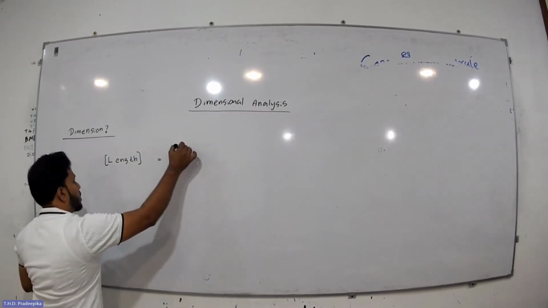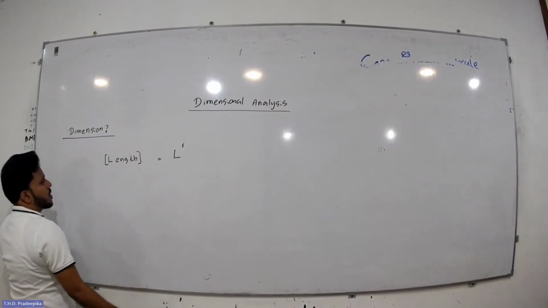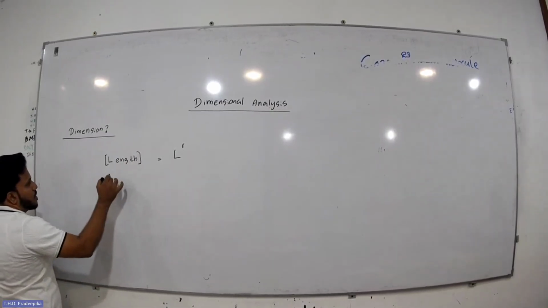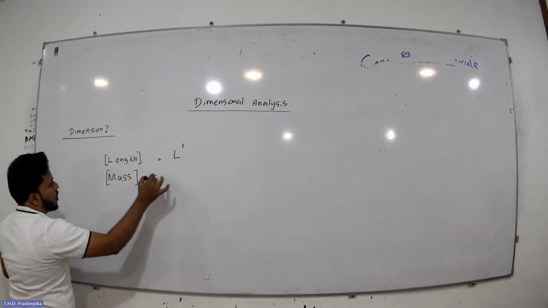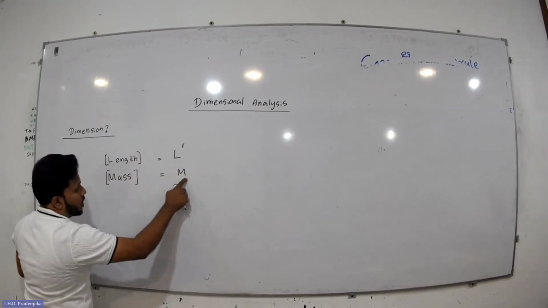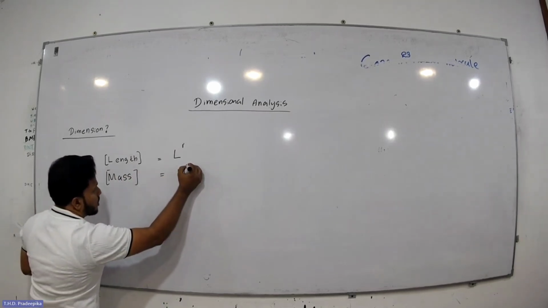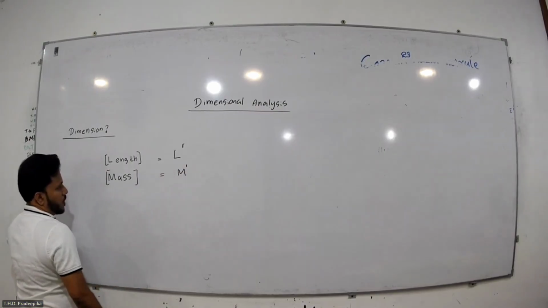These are the fundamental dimensions we use. For mass, the symbol is capital M. This is not the dimension; the dimension is 1. The dimension is the exponent.